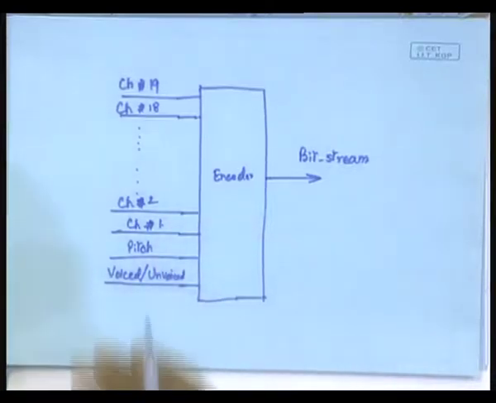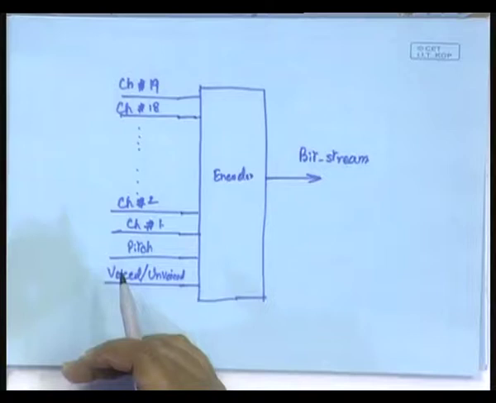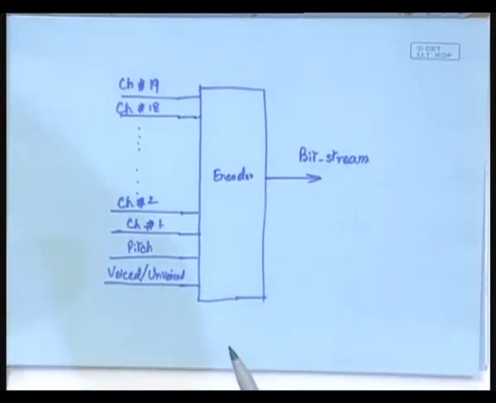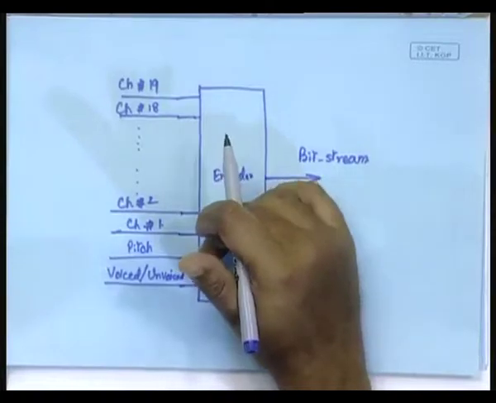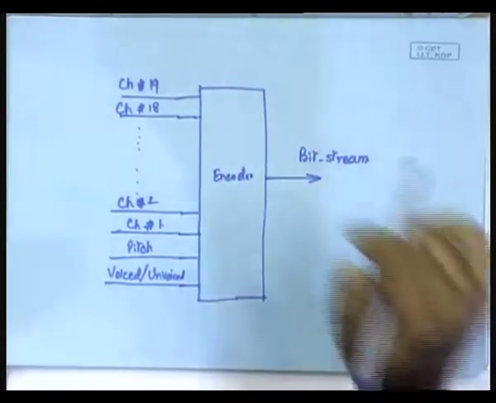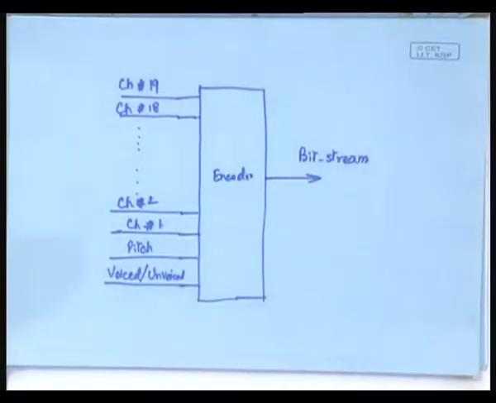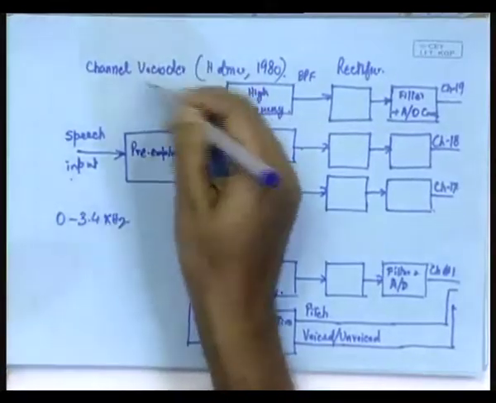The decoder is going to extract all this channel information, pitch information, voiced unvoiced flag, and then accordingly the pitch will excite the source, and then accordingly we will be having the synthesis, that is to say this channel 1 to channel 19 outputs in turn will decide the spectral shape. So, this whole thing is called the channel vocoder.